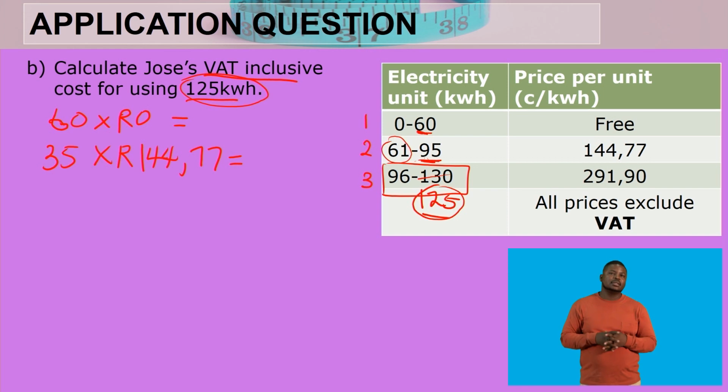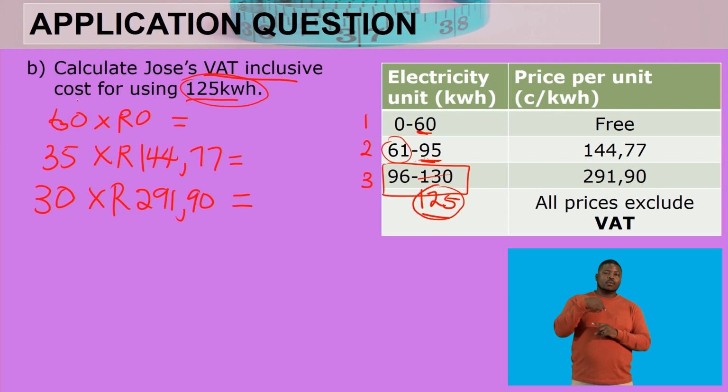I hope we are also punching it. Then I'm getting 30. So it means you are allowed to use 30. Then multiplied by the price for the 30, which is 219 rand 90 cents. Now, we have to verify whether we are going to get the very same amount as 125 when we add these maximums.